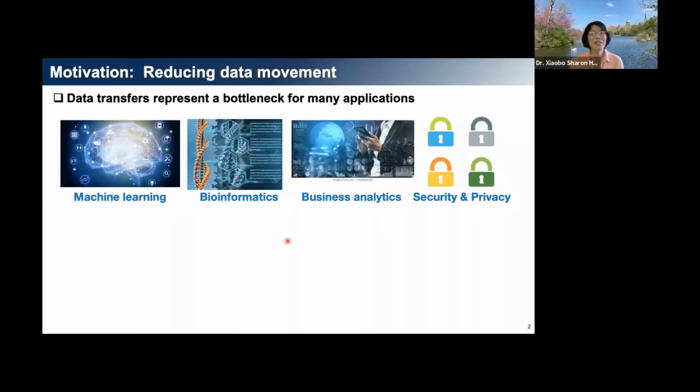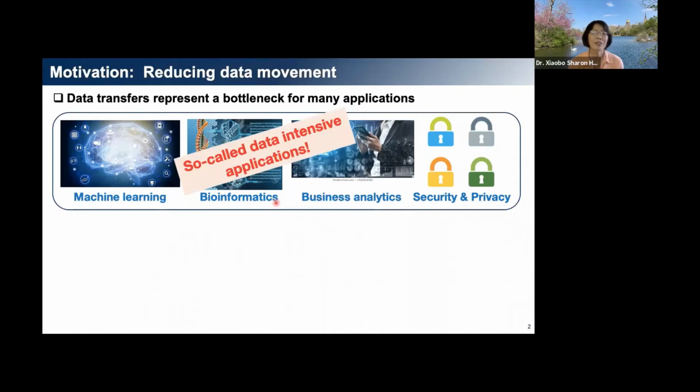So many of you probably already know, since you're here, that dealing with data transfer is a big challenge in many types of applications. I show some examples here, and these are called data intensive applications. Without going into details, I'll just quickly mention that there are three key major concerns associated with data transfers.